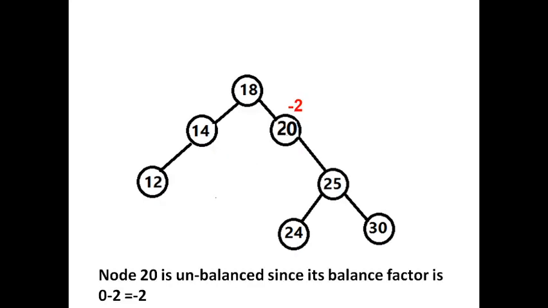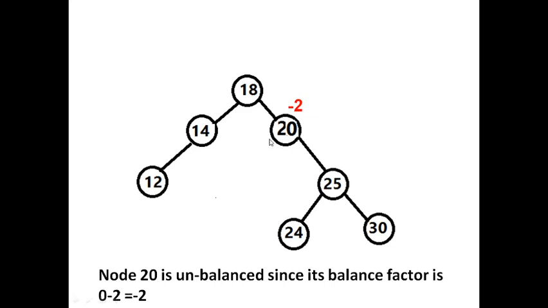And this is an example of a tree which is not balanced. The reason that this is not balanced is that at node 20 the height difference is minus 2. Remember carefully that the whole tree is balanced, because if you calculate the balance factor of the root, it is 2 plus 1 is 3 here, and here it is 3 plus 1 is 4. So the difference is only 1, in fact minus 1.